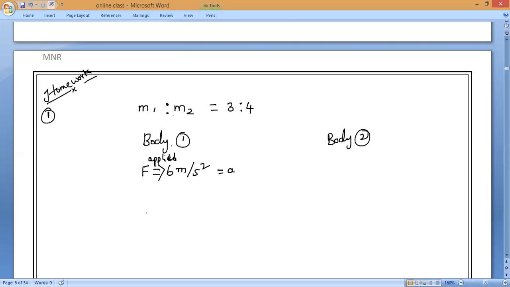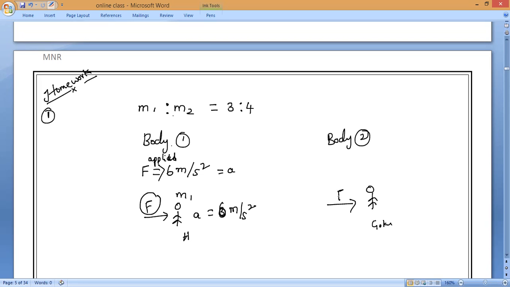So for example, let me take the first body, Harish. I applied some force, producing an acceleration of 6 meter per second square. He has some mass M1. I don't know how much force it is, but the same force I apply on the second body, Gokul, whose mass is M2.